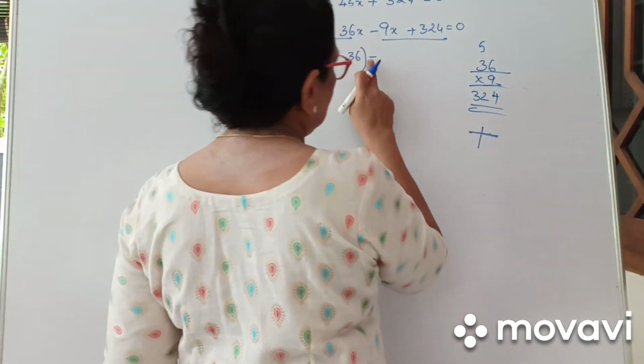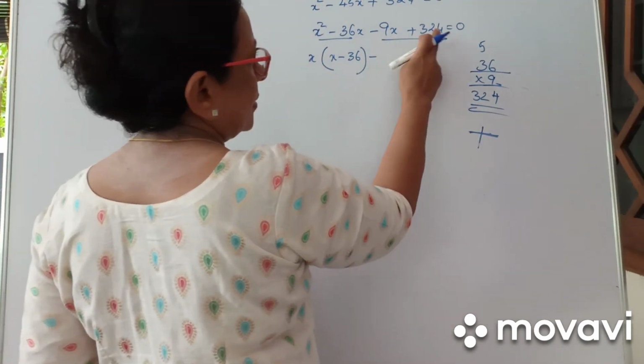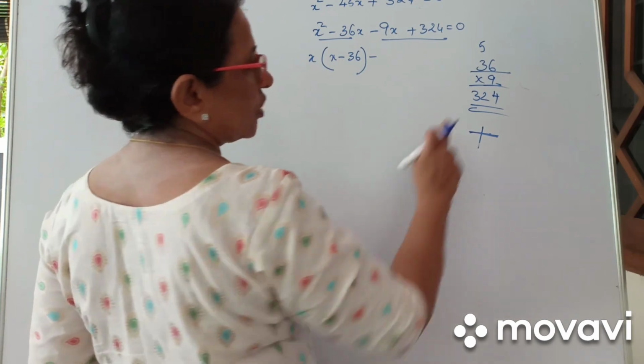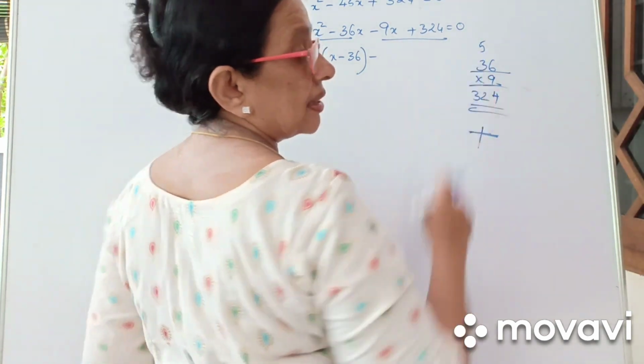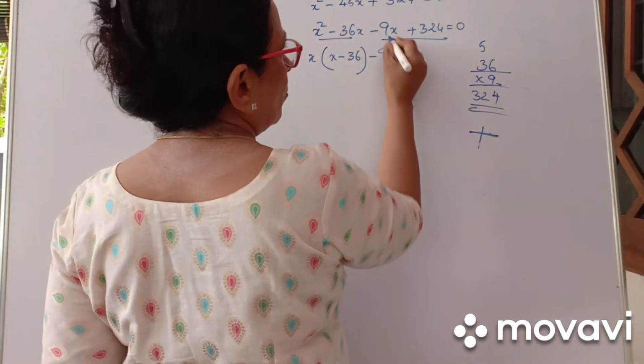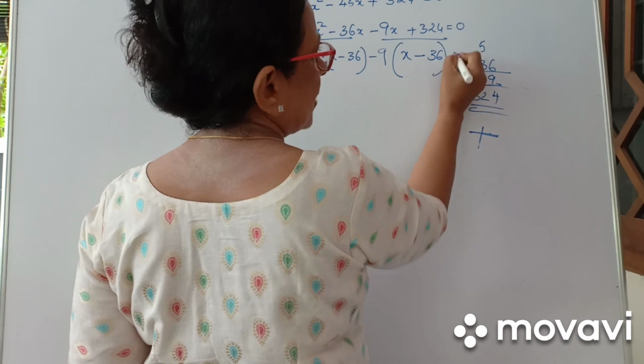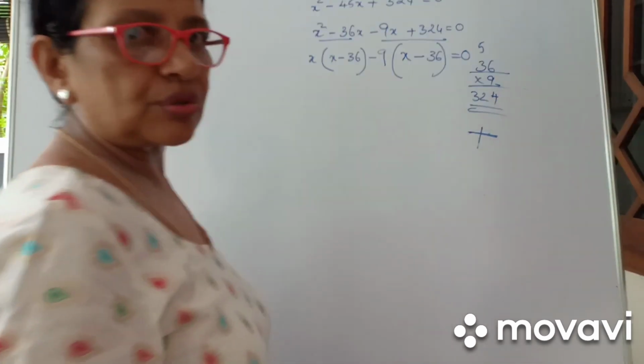So if you take out one negative sign, you will have a negative sign remaining over here. And 9 is common in both because 324 is nothing but 36 into 9. So when you take out 9, what is left? x and the minus sign and 36. Close the bracket, equal to 0. Understood this much?